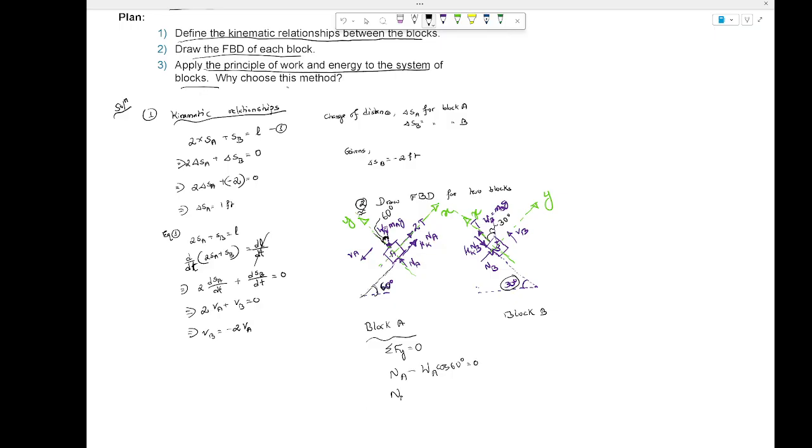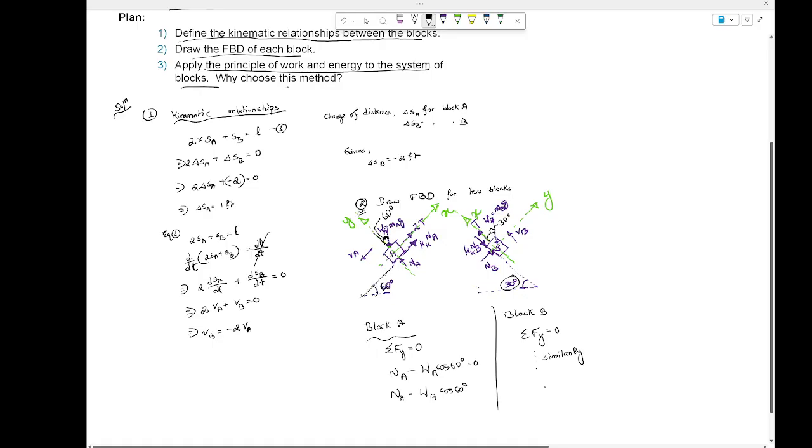In other words, NA should be equal to WA cos 60 degree. Everyone understand this? Logan, you got it? If you understand this, can you rewrite the same thing for here? Okay, similarly, let me write it.